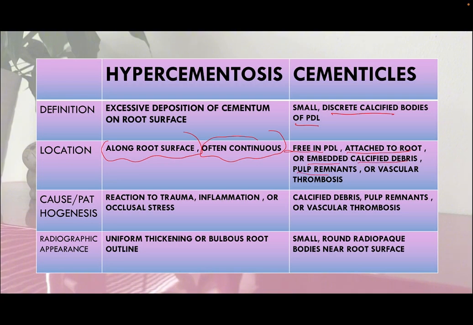Hypercementosis is caused in reaction to trauma, inflammation, or occlusal stress, whereas cementicles arise from calcified debris, pulp remnants, or vascular thrombosis. Hypercementosis shows uniform thickening or bulbous root outline, whereas cementicles are small, round, radiopaque bodies near the root surface.